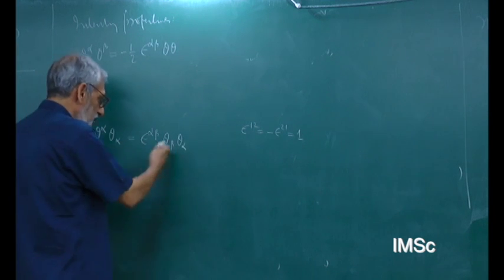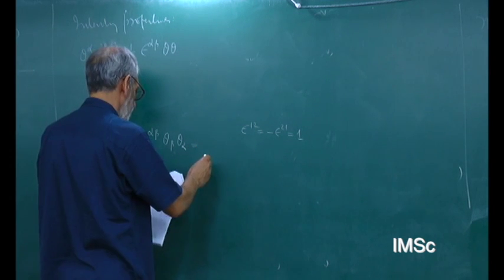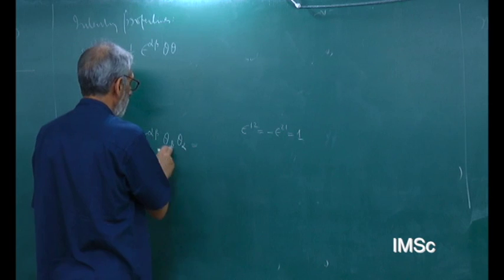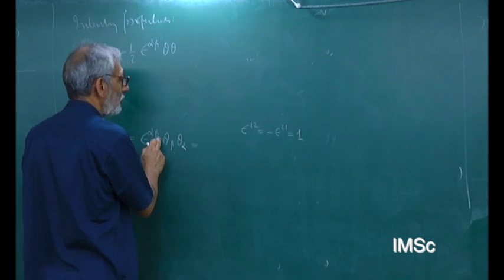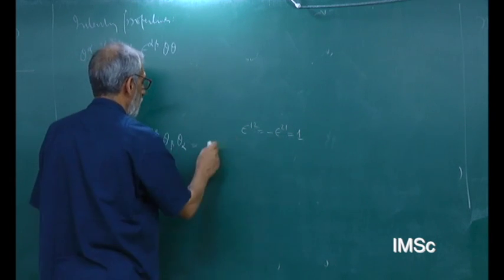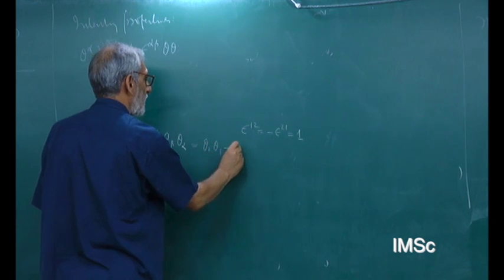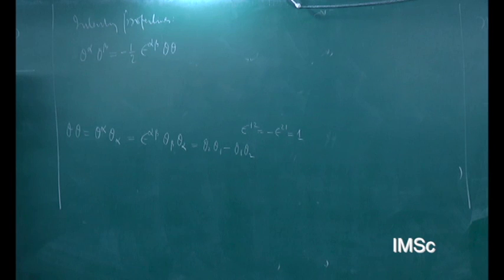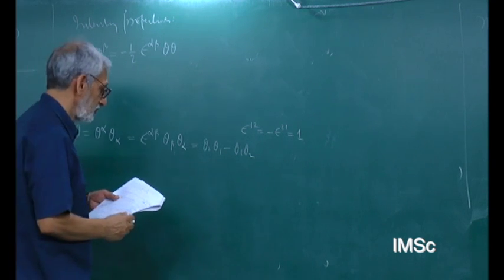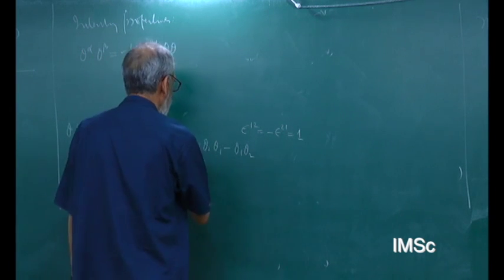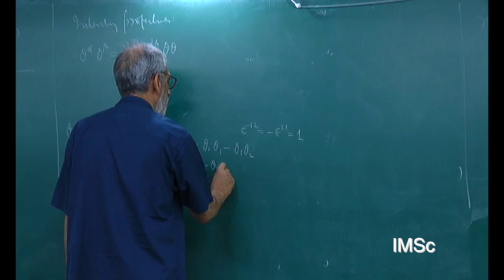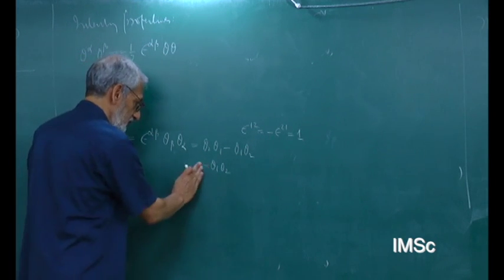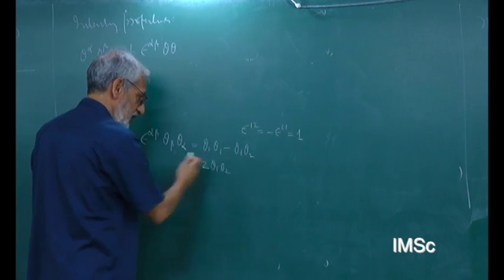So, now let me expand this. This is equal to, 1 2 is plus 1, so theta 2 theta 1 minus theta 1 theta 2. That is same as minus theta 1 theta 2, minus twice, because they anticommute.